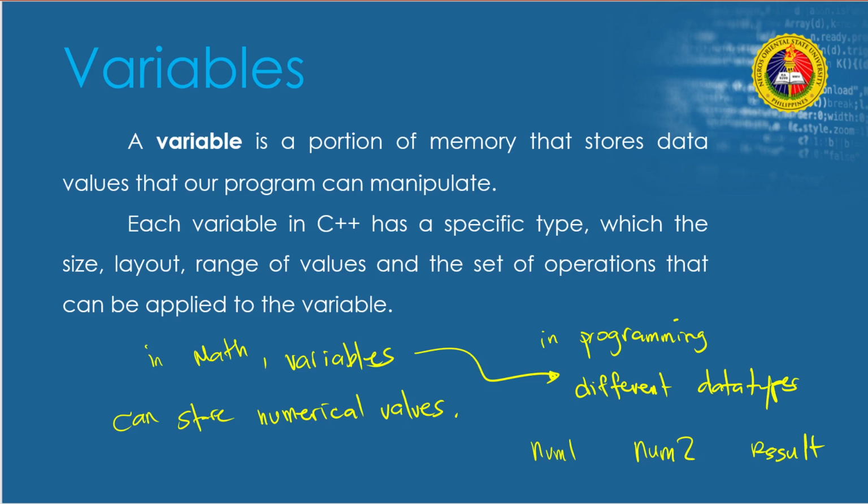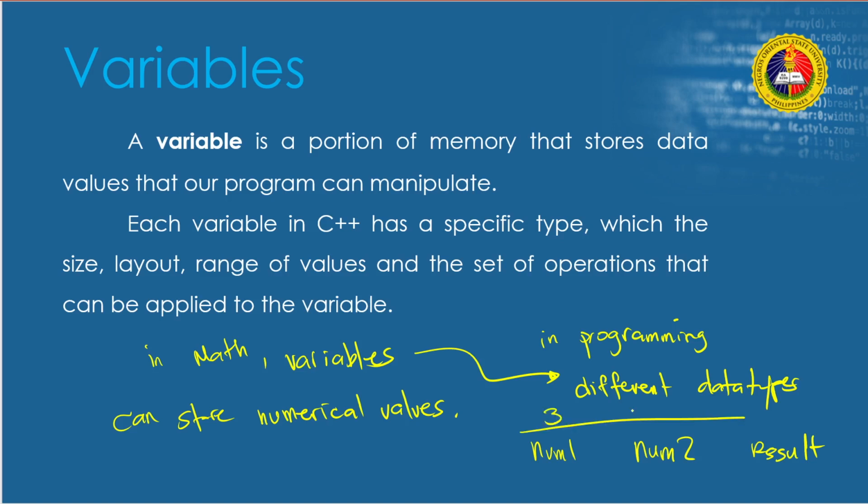Now, how do we make sure that our program will work every time even though the user enters different numbers? That's the time that we'll be using variables to temporarily store those numbers that the user entered. So for example, the user enters 3 for num1, and then for num2 enters 5.